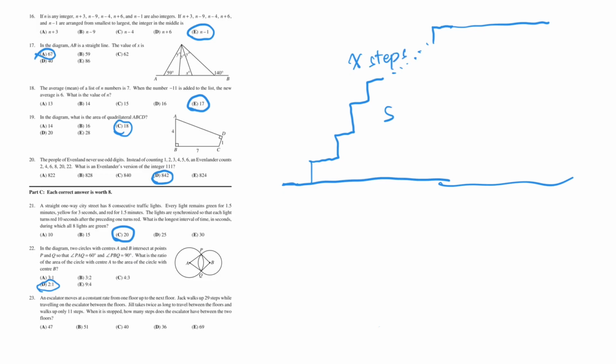we know time equals distance over speed. Here, the steps between two floors is x steps, but Jill and Jack are both walking up on the escalator. Jill takes twice as long as Jack, so the time of Jack times 2 equals the time of Jill.